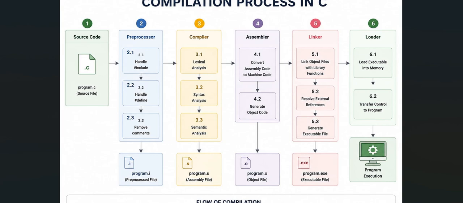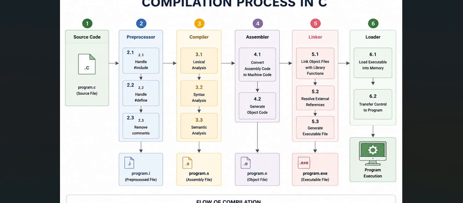After storing the source code in this .c extension file, it moves to the next step, that is the preprocessor. In the previous video, we discussed that before the compilation process, initially the starting line, the preprocessor command hash include stdio.h, is performed. It is one of its working steps, but it has two other working steps as well.